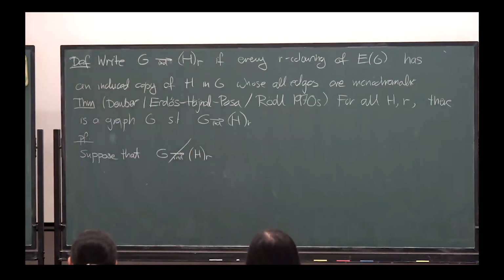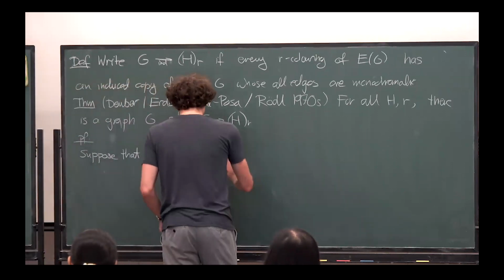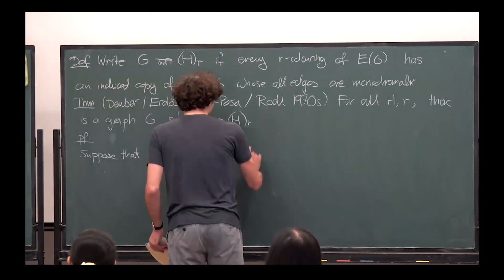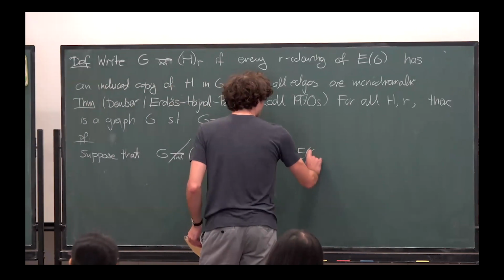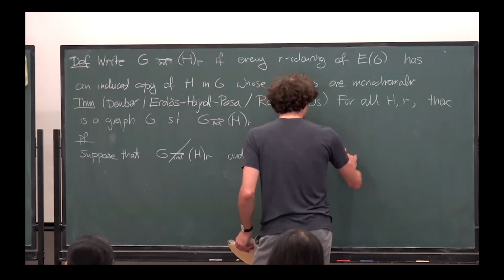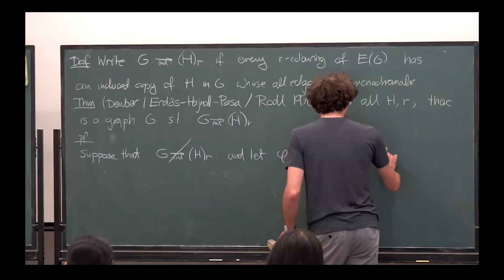What does it mean? It means that we can find a coloring of the edges of G that has no induced copies of H in any of the colors. So let phi be a bad coloring.